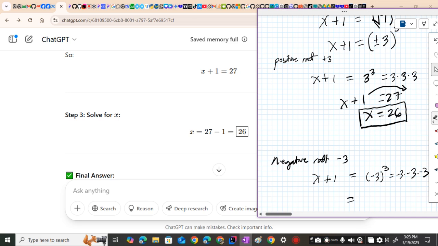It will give us negative 3 multiplied by negative 3, that is positive 9, multiplied by negative 3, which gives you negative 27 equals x plus 1. And we again transpose 1 to the right side, so it gives us x equals negative 28. That's also another root for our equation.